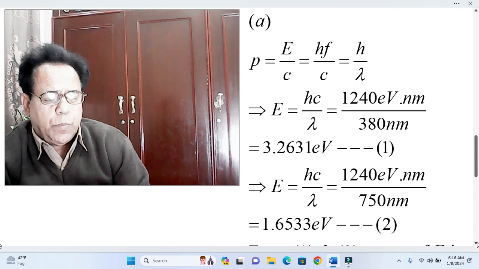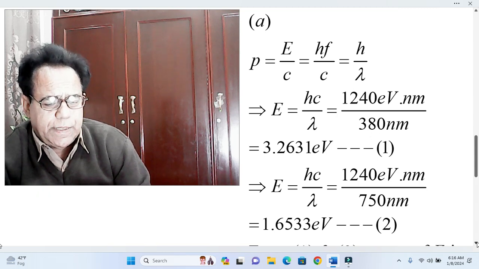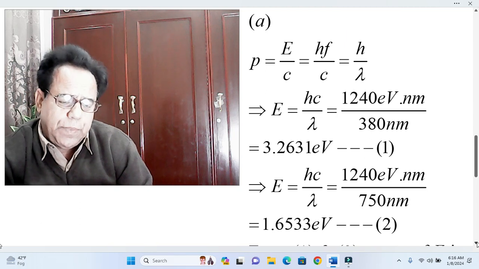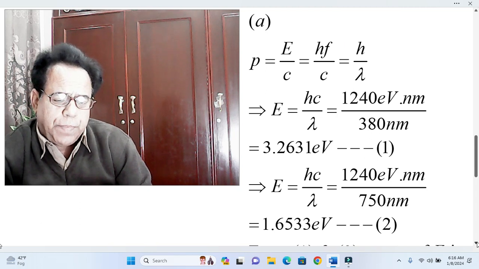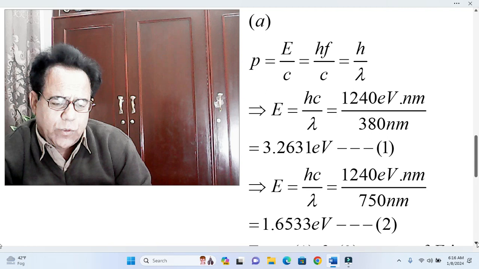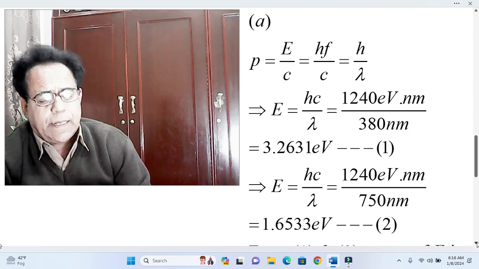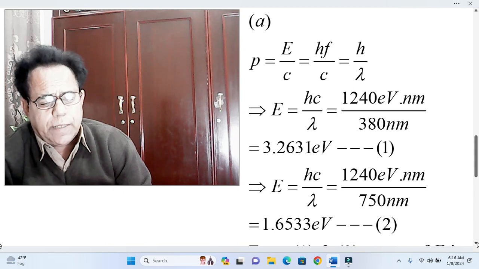Momentum of a photon p is equal to energy of photon E over c, speed of light. This becomes Planck's constant h into frequency f over speed of light c, and this becomes Planck's constant h divided by wavelength lambda.